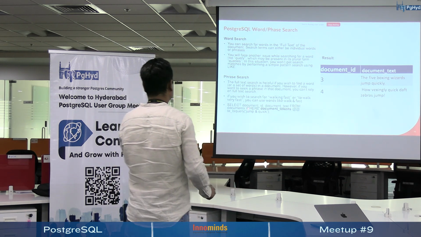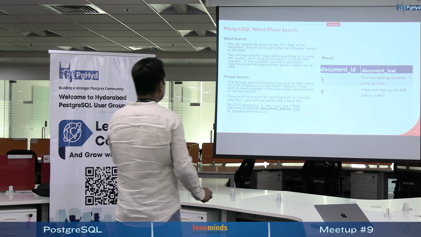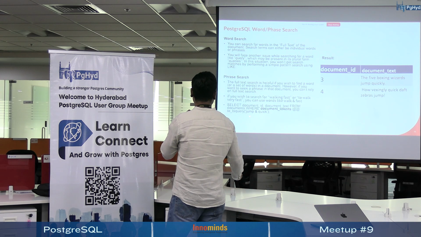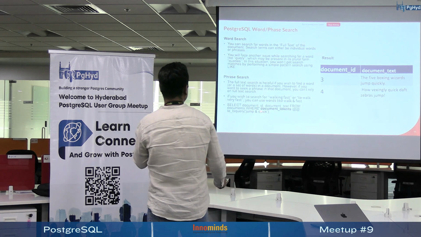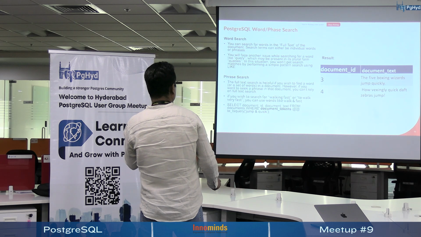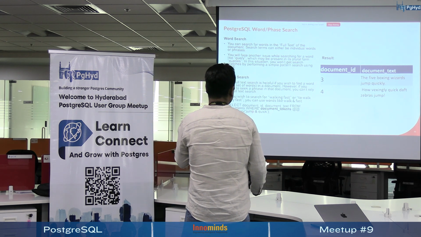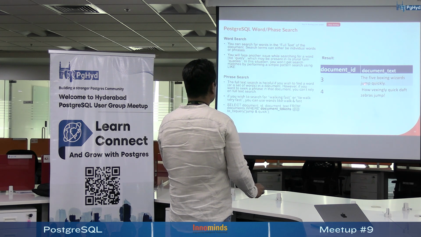Now coming to the down below, you can see here I just wrote one statement: select document ID, document text from documents where document token @@ tsquery jump and quick. So this is basically the same reference I am taking here, and we are searching these two words, jump and quick. Okay, and here you can see jump and quick is here, right?